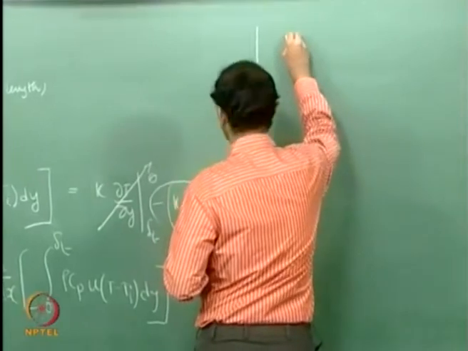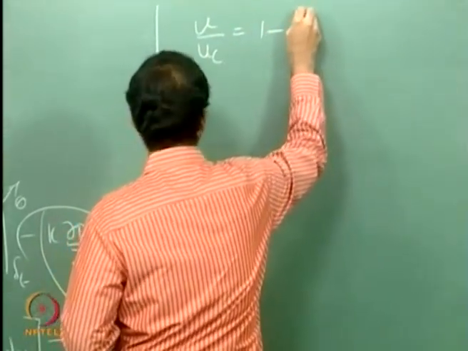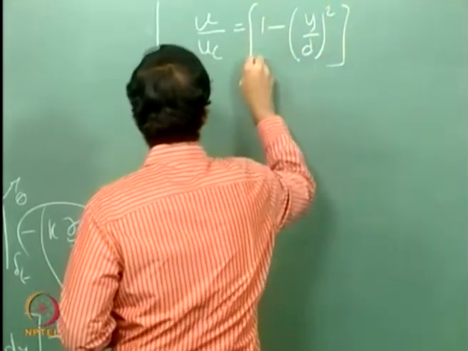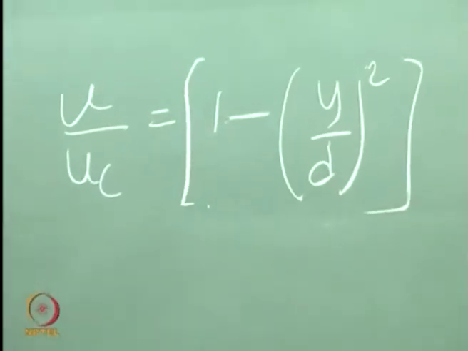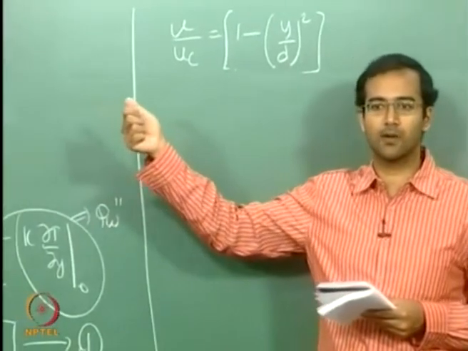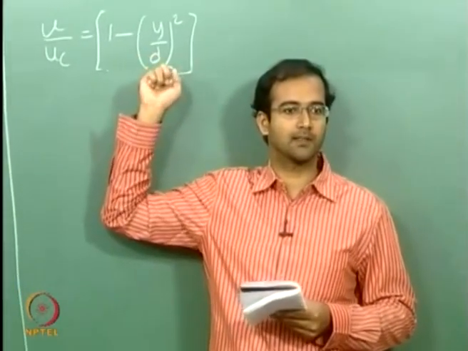So that is basically u by uc equal to 1 minus y by d, the whole square. I have not derived this, okay. I have derived the velocity profile only for the circular duct, but if you do this for the Cartesian coordinate system you will get a very similar velocity profile like this.